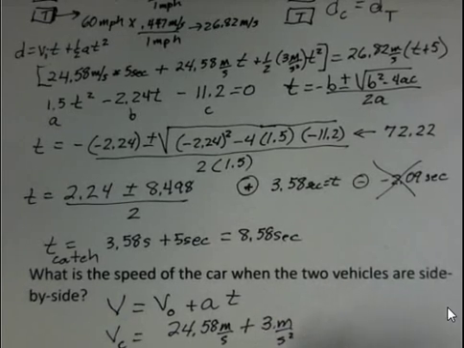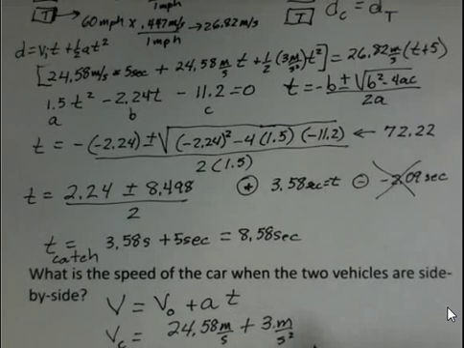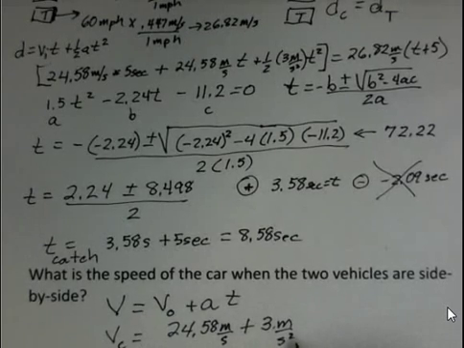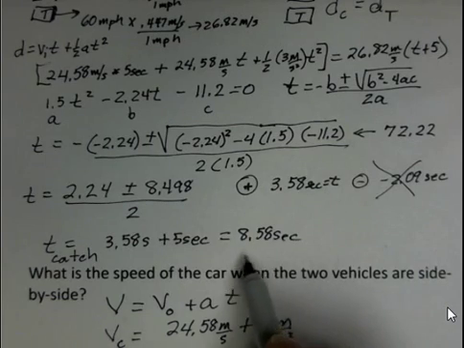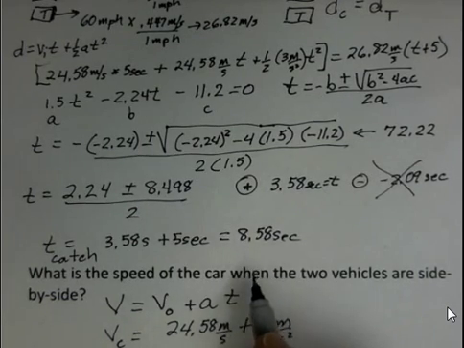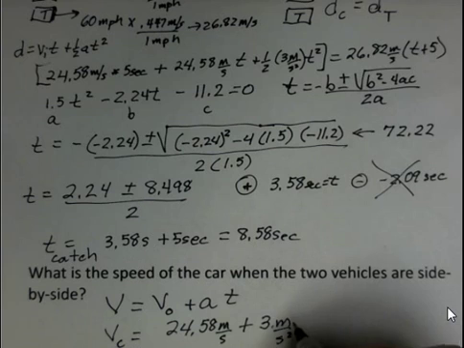What should I use for the time in calculating this new velocity for the car? You ought to pick the proper time here. It is not 8.58. This includes the constant time of constant motion. So it's just the 3.58 is the time of acceleration.